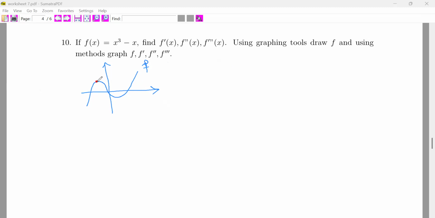Using this graph, we would have a horizontal line here and here, and between these 2 points, the graph is decreasing. It means that for f prime, these 2 points will be 0.